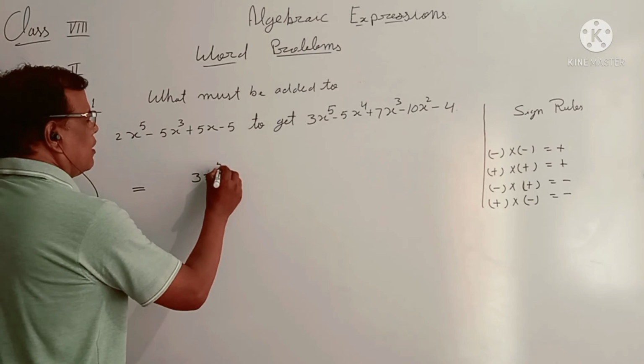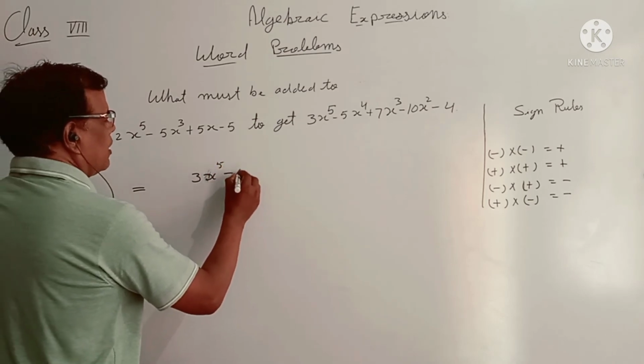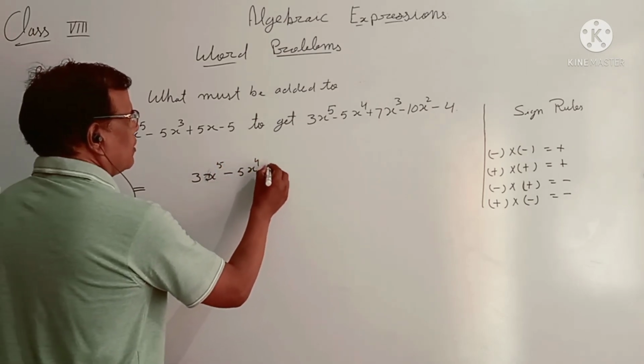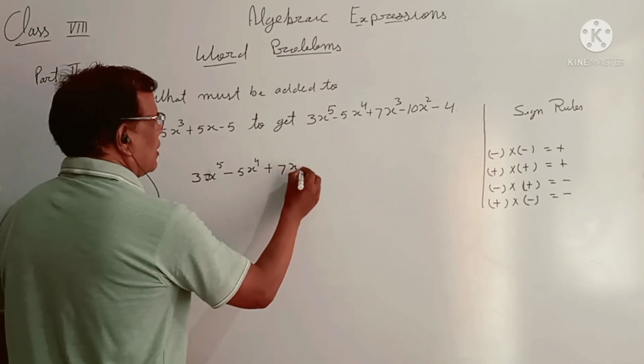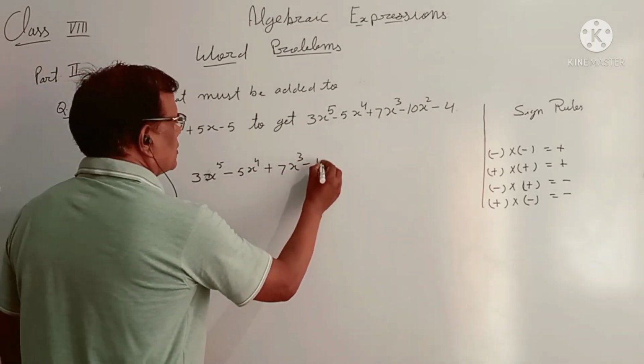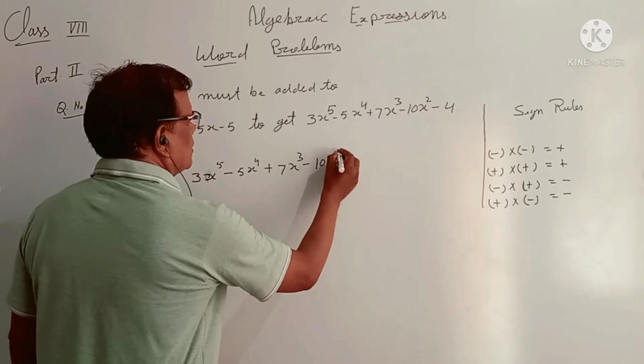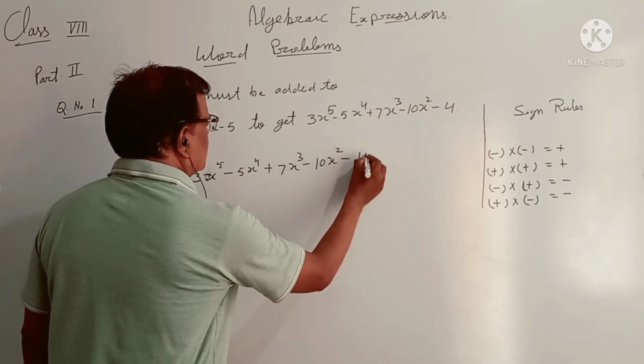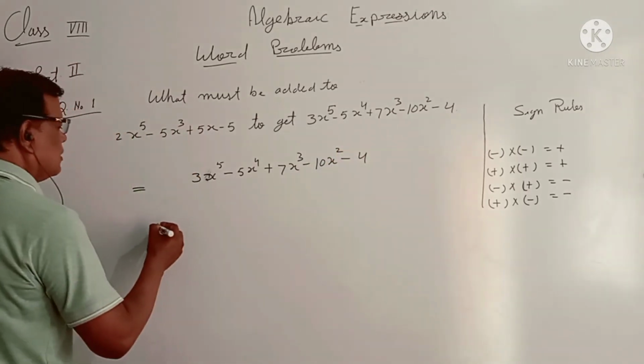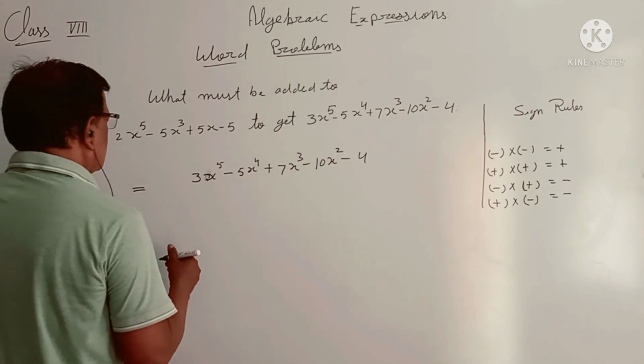3x to the power 5 minus 5x to the power 4 plus 7x cube minus 10x square minus 4. Then we write just under like terms.